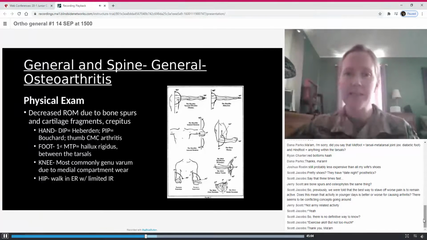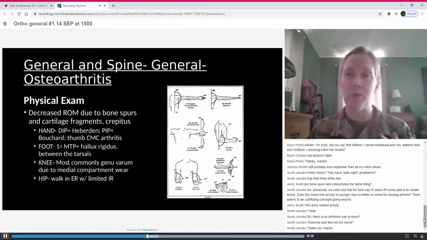Okay, let's talk about some common things that we'll see with our osteoarthritis. In the hand, the distal interphalangeal joint, or DIP, will get Heberden nodules. We'll talk about these when we get to the hand and block too. These are kind of just ways for you to know that we have an osteoarthritis process going on. PIP joint, proximal interphalangeal joint, those are Bouchard nodules. They are very similar in construct, but there are some differences.